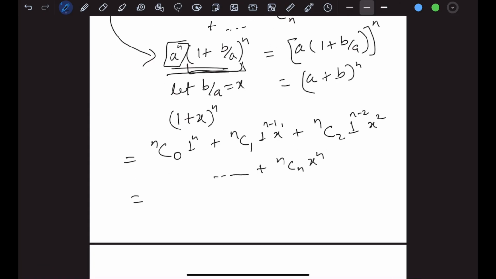This thing can be written as nC0 is 1. So its first term is 1. Second term nC1 is n. So n into x plus nC2 is n into n minus 1 by 2 into x square plus n into n minus 1 into n minus 2 divided by 3 into 2 into x cube.